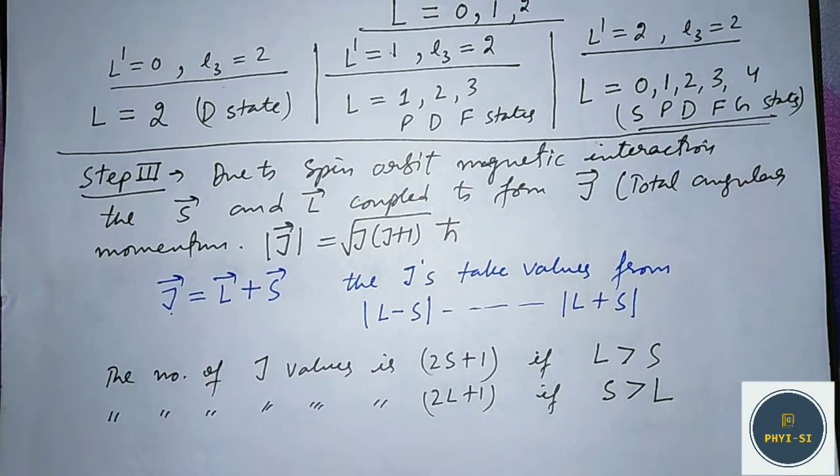Each is characterized by a particular J value. So these J levels form a fine structure multiplet.